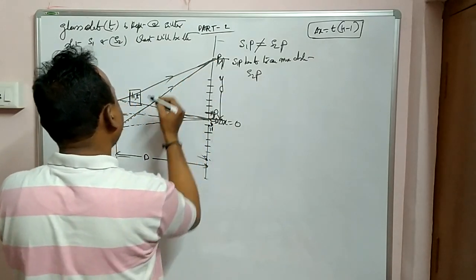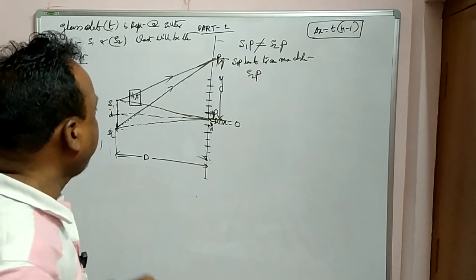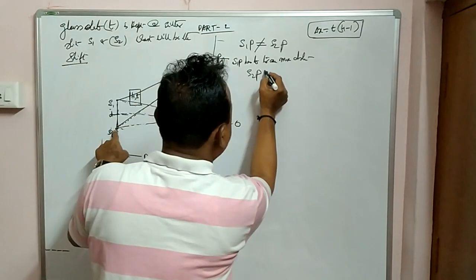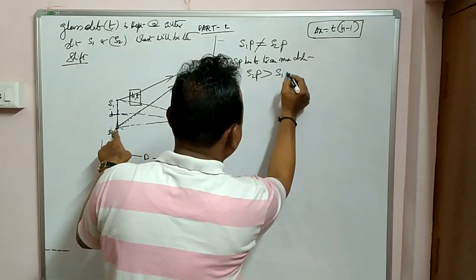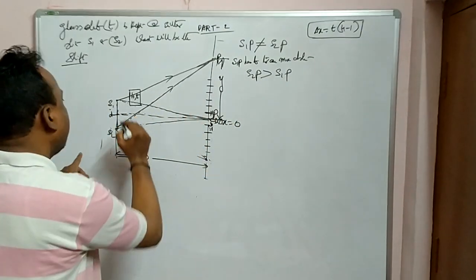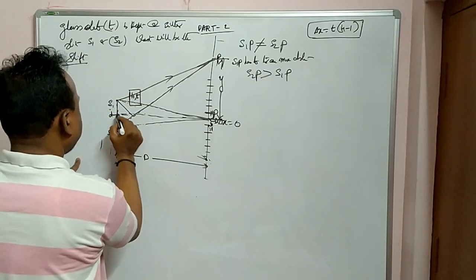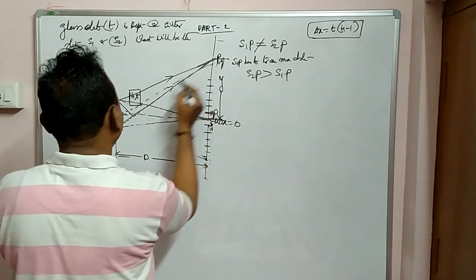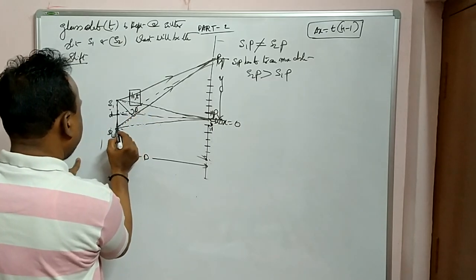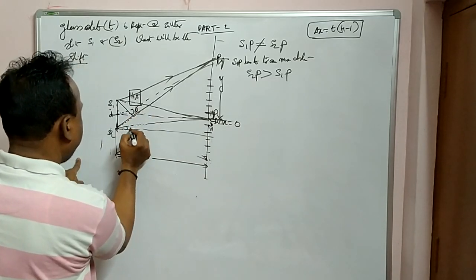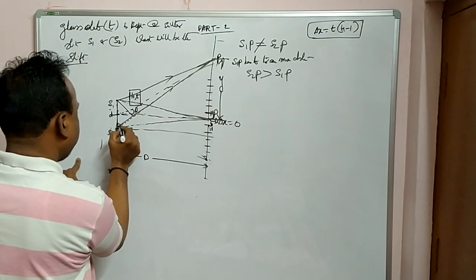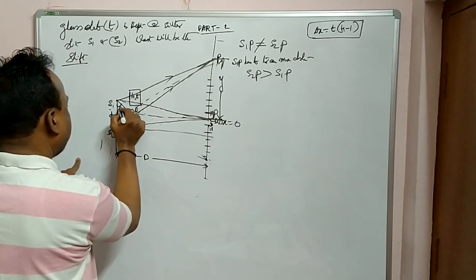This is S1. Now observe carefully. Here S2P is greater, of course, geometrically, than S1P. In the same way, if you drop a perpendicular as usual, and of course the central one makes angle theta, and this is again theta, and this is 90 minus theta, and this is again theta.